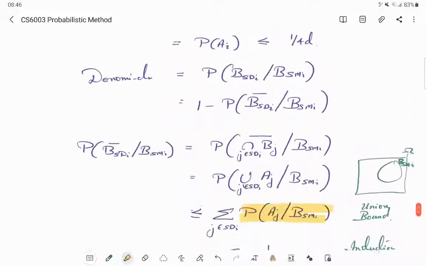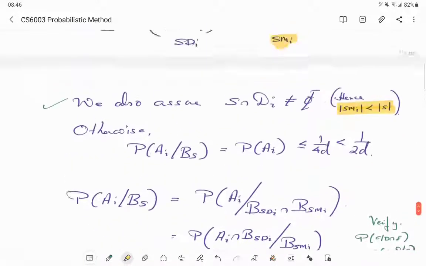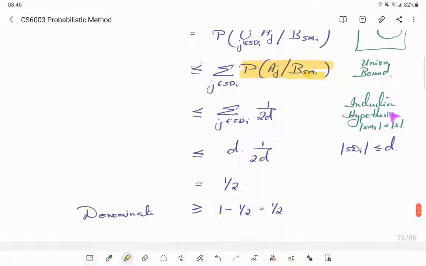Here the subscript is some other set. This J is different from I, but our induction hypothesis still works as long as this set has cardinality strictly less than S, which we laboriously argued here. So because of that, the induction hypothesis applies, and I can upper bound each of these by 1 by 2D.